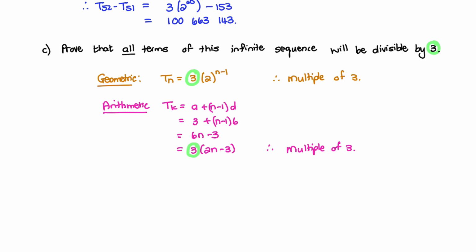If I take out 3 in this expression, I have 3 times (2n minus 1). And this also tells me that the arithmetic pattern is also a multiple of 3. So if all the terms in the geometric pattern are multiples of 3, and all of the terms in the arithmetic pattern are multiples of 3, then every single term would be divisible by 3.